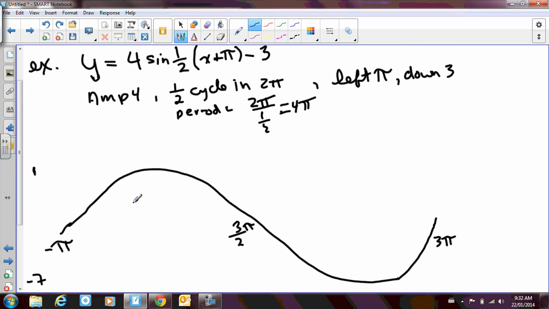And probably what I should have done was actually put my axes in here somewhere. So let's see, that's pi, that's 3 pi over 2, so pi is right about here, so my 0 is somewhere around here. I don't have to be too good about it.